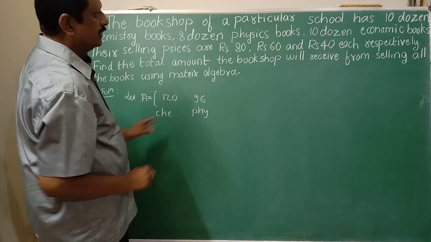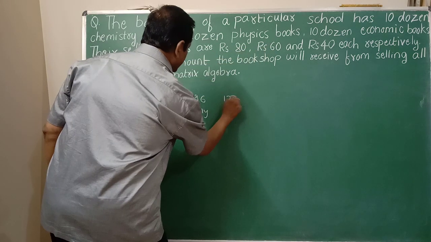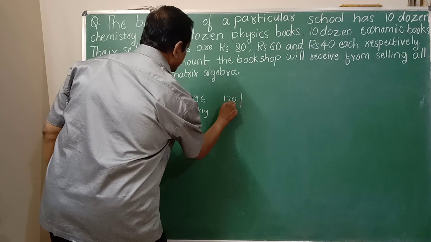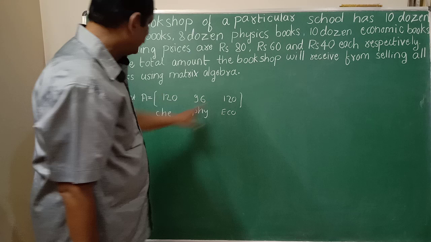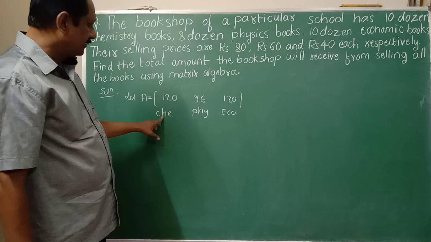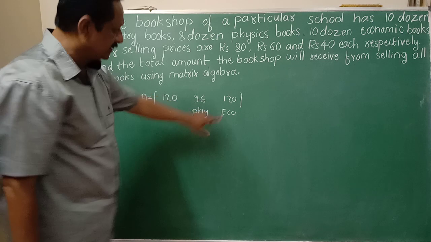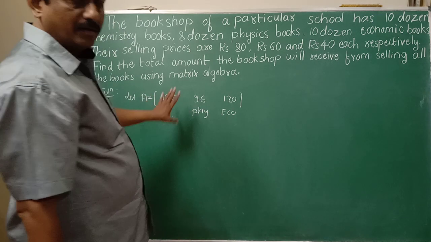And 10 dozen economics books, so 120 economics books. So A is equal to 120, 96 and 120. This represents the total number of books he has.